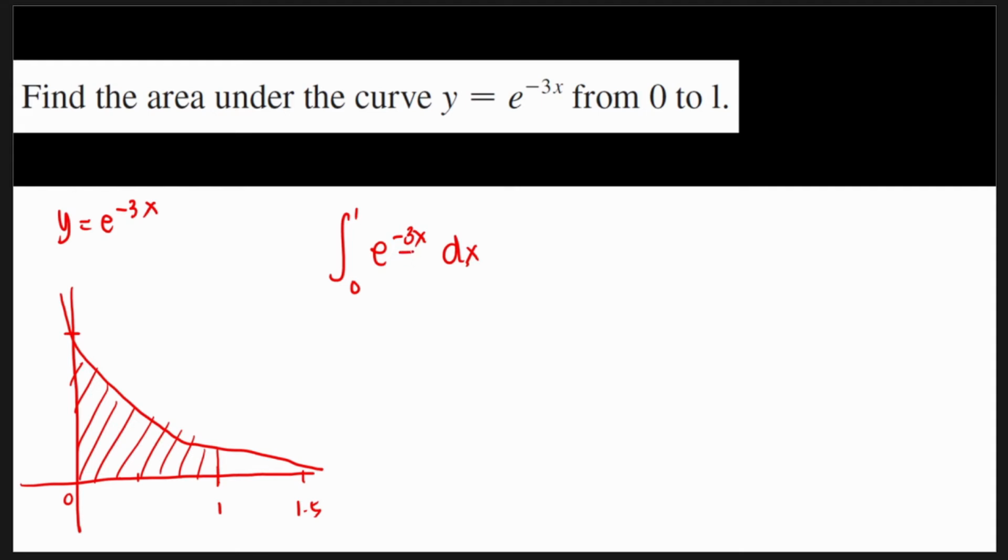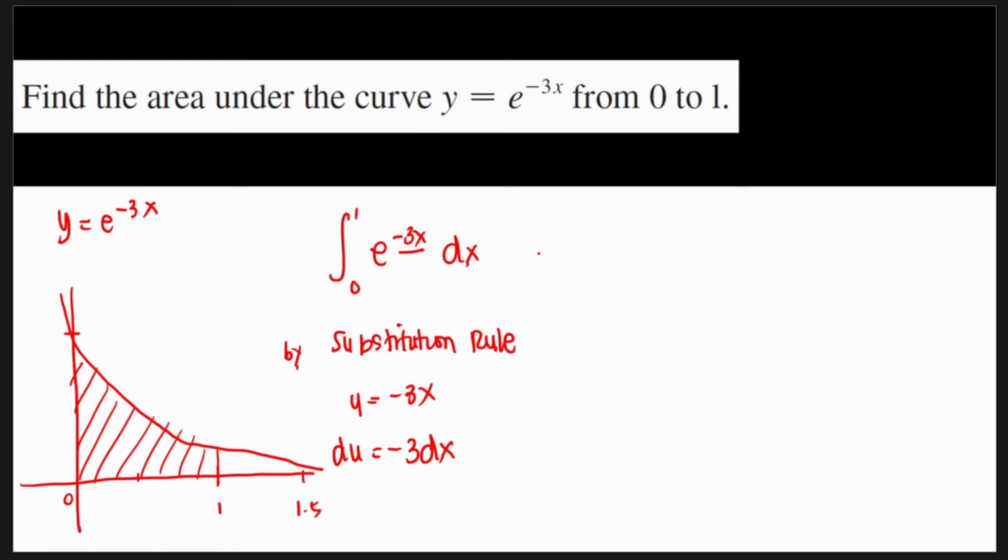And so our value here is negative 3x for the exponential. We need to also apply the substitution rule here. So by substitution rule, u is equal to negative 3x, our du is equal to negative 3 dx, right?